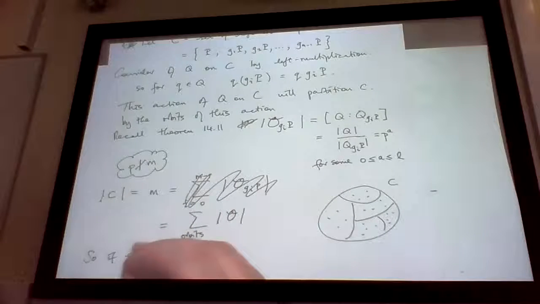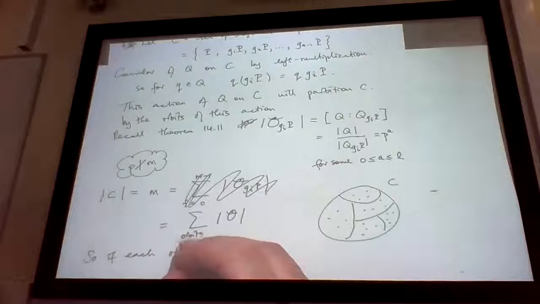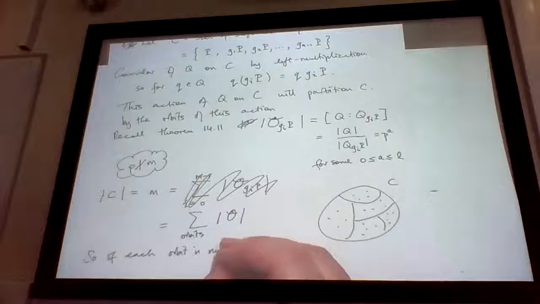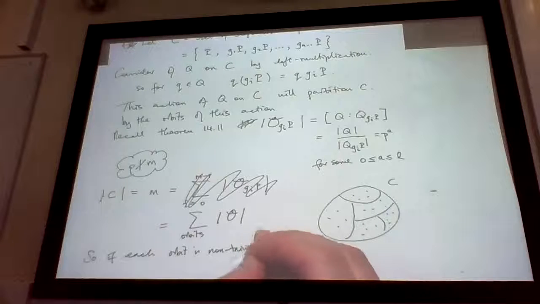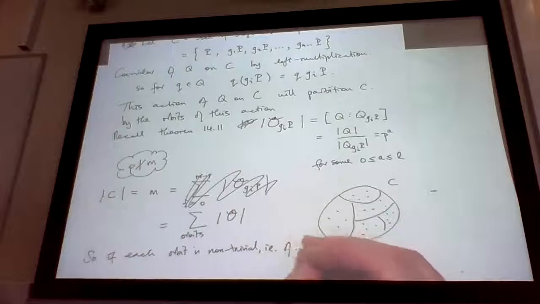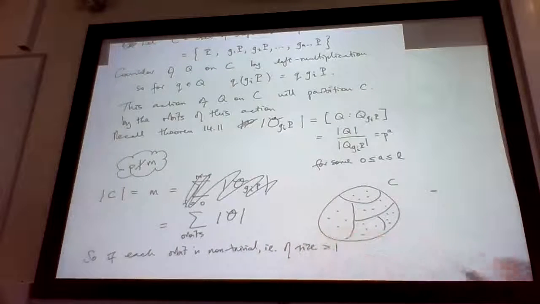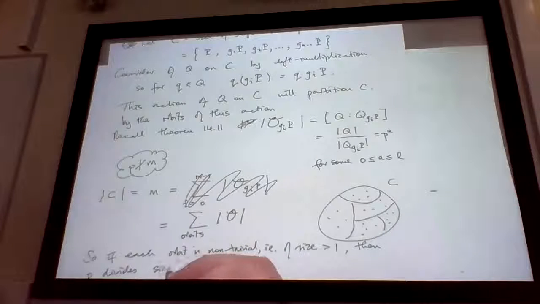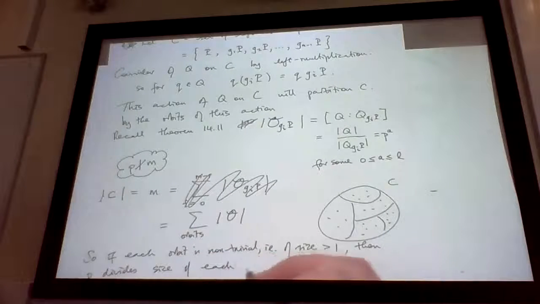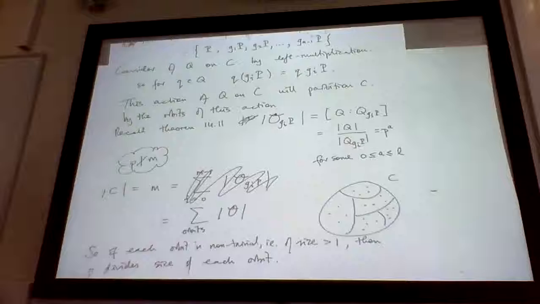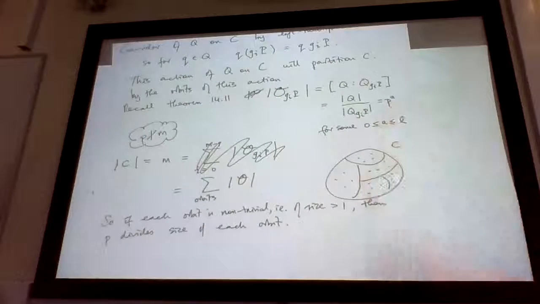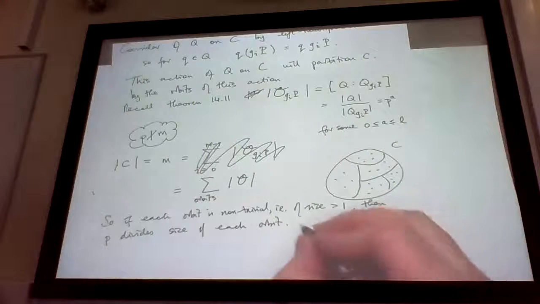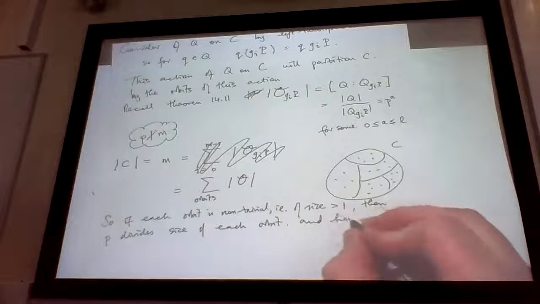So if each orbit is non-trivial, i.e. size strictly bigger than 1, then p divides the size of each orbit. Every power of p is divisible by p except for the trivial power, p to the 0, which is 1. And hence p divides m.